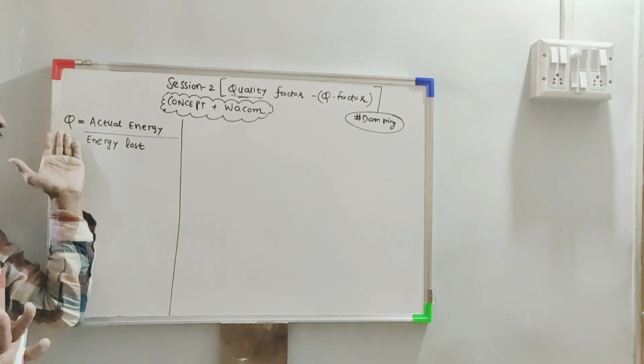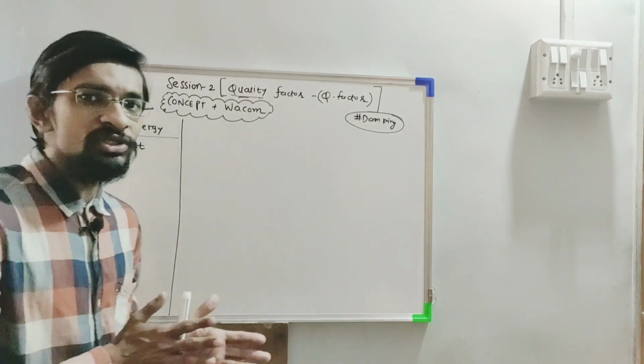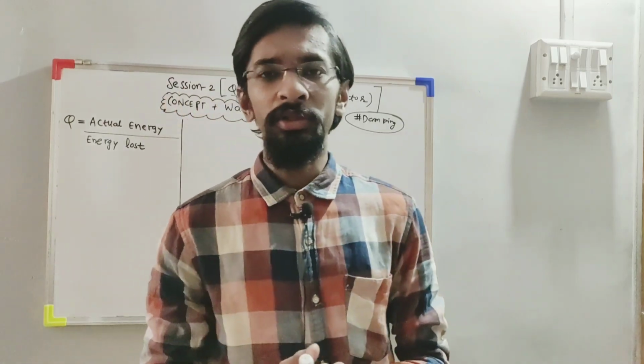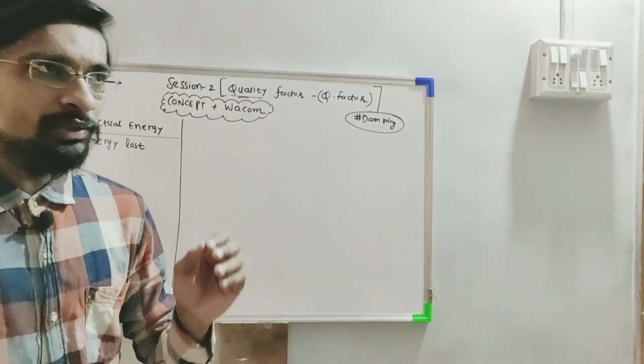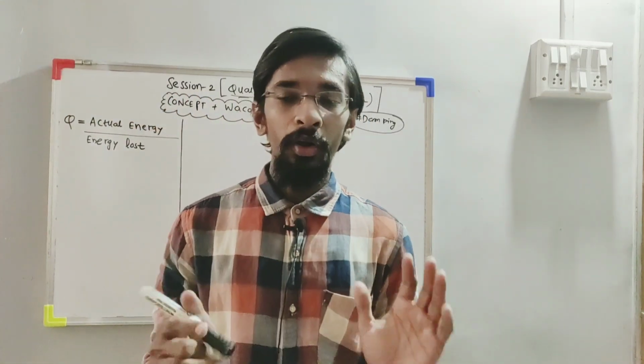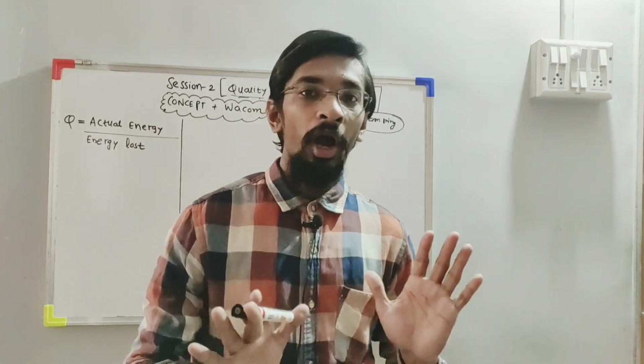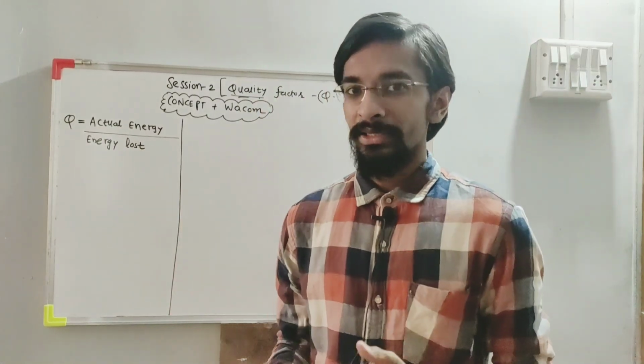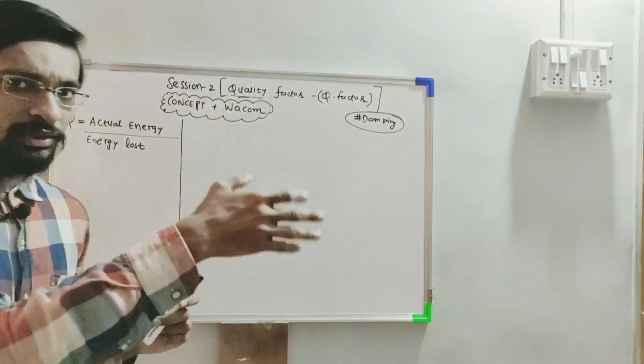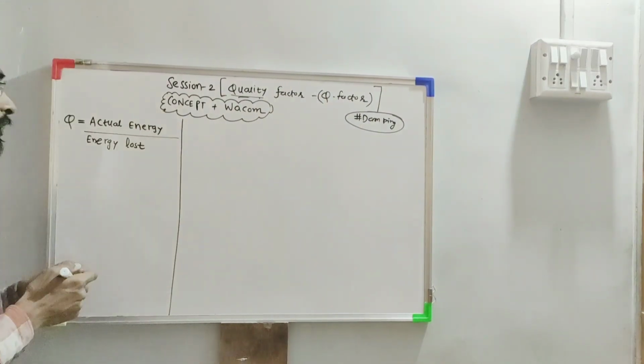So this gives us the Q, the quality factor, which is denoted by Q, more often termed the Q factor. This gives us the actual picture of how the particle is moving right now, or how much energy the particle is associated with right now during its motion after the start.